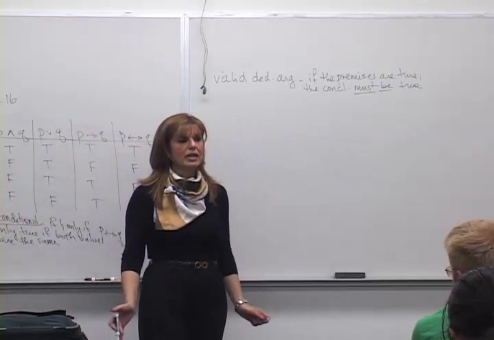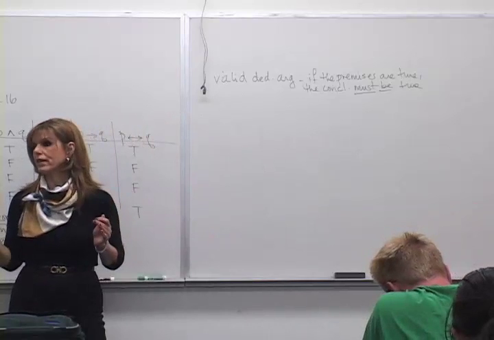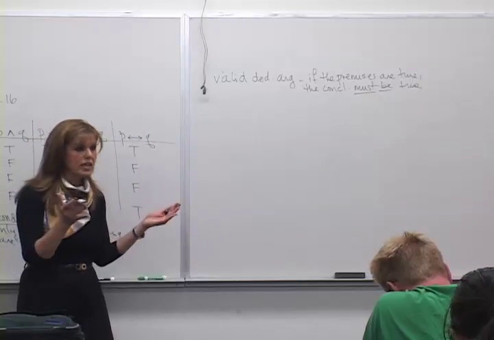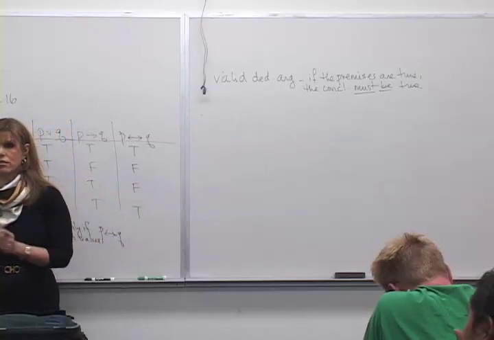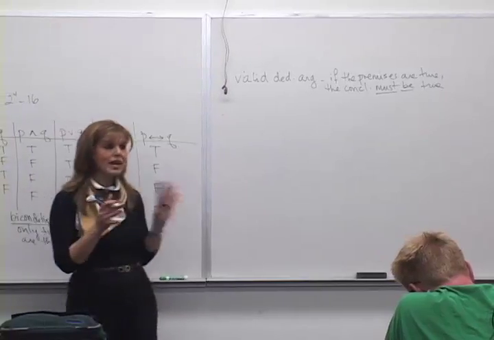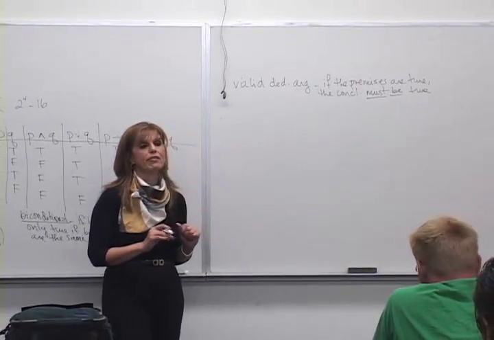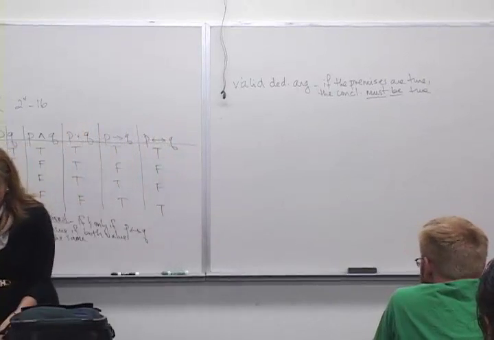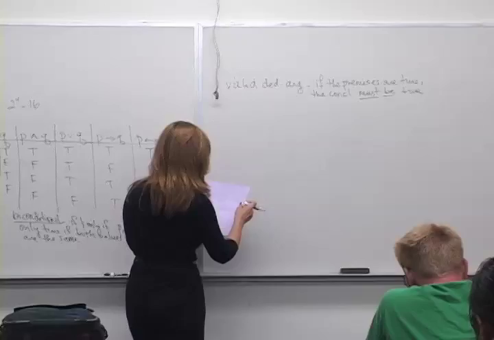So we're going to use this information in order to figure out if a whole argument is valid or invalid. We are going to construct a truth table for an argument and then look to see if there is a condition where true premises lead to a false conclusion. If that's the case, it's going to be invalid. If we cannot find that row, then it's going to be valid. Okay, so I have an example. Let's say we have this argument.